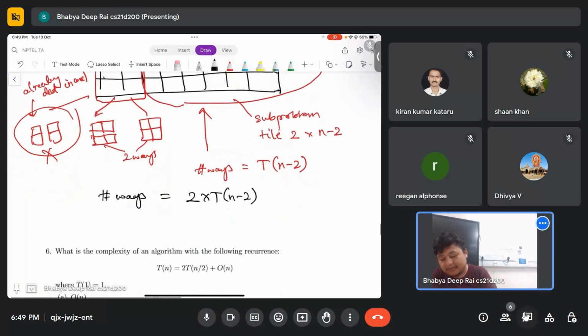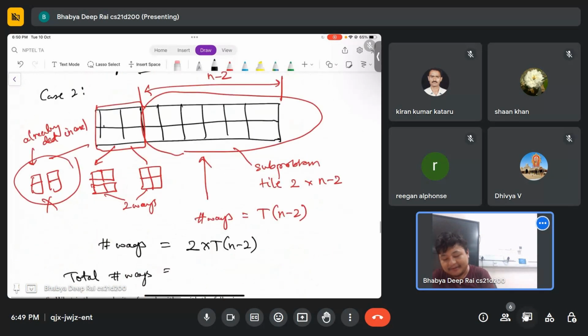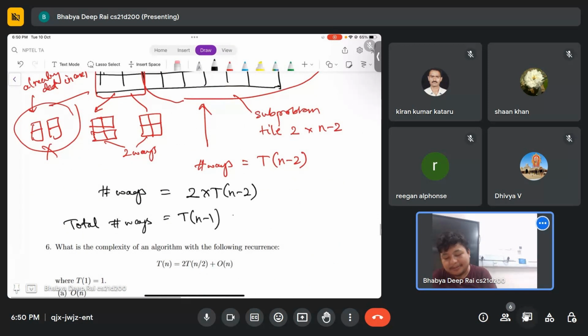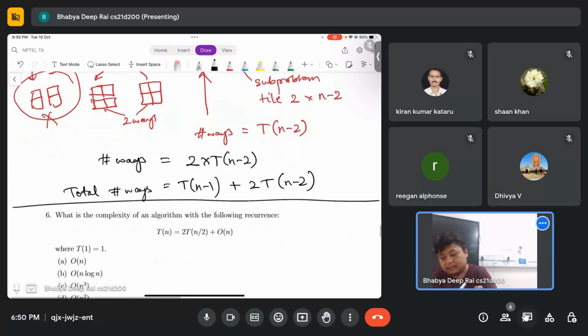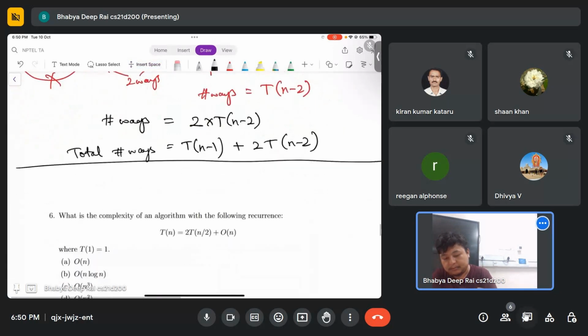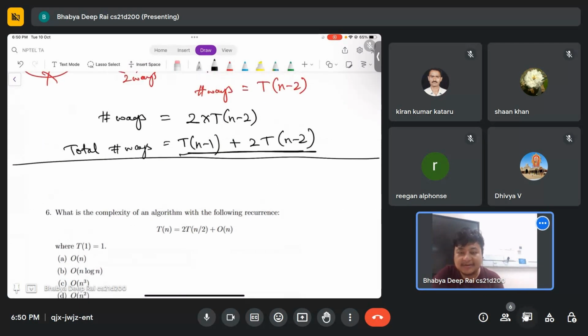Total number of ways equals the number of ways in case 1, which is 1 times T of n minus 1, plus 2 times T of n minus 2. So that is your answer.